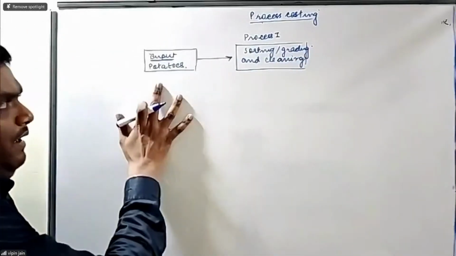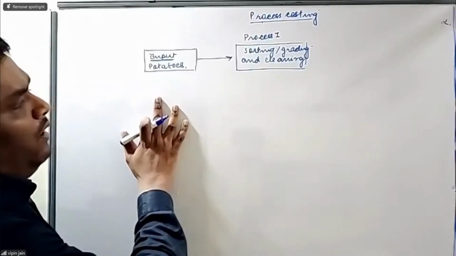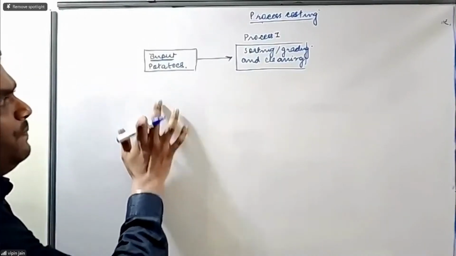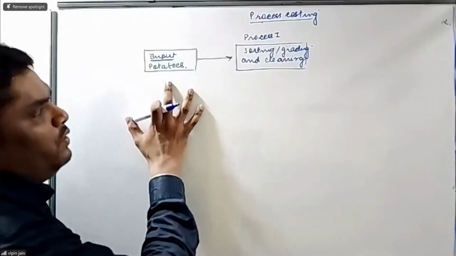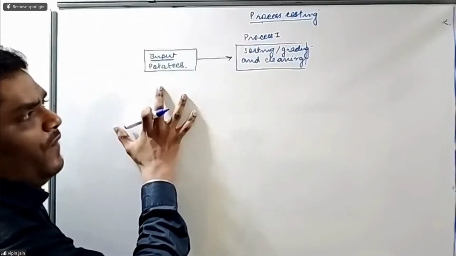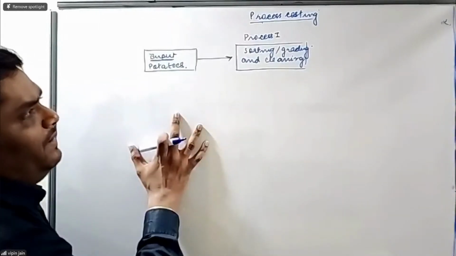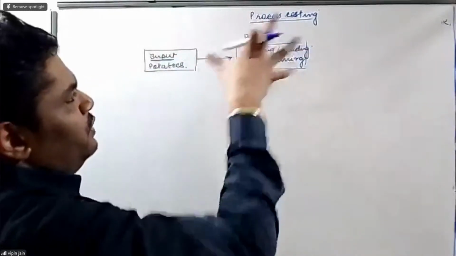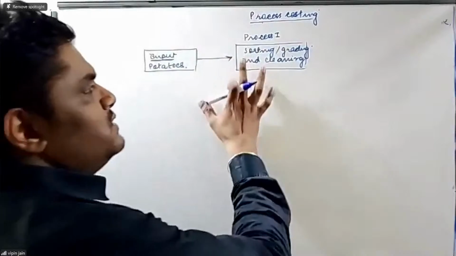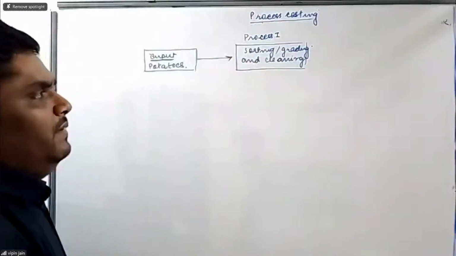Let's say I'm the manufacturer of potato chips from potatoes. So my inputs are potatoes, and I procure these potatoes directly from the farm, and from the farm they are transported to my factory. Once I receive these potatoes, they are introduced in process first, wherein the sorting, grading, and cleaning is done.